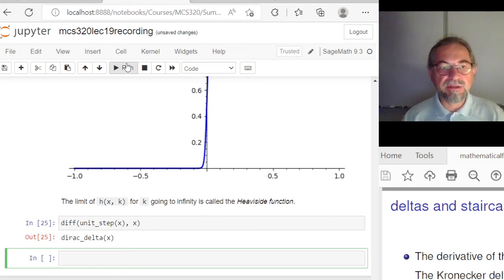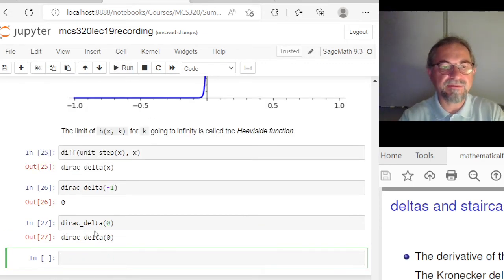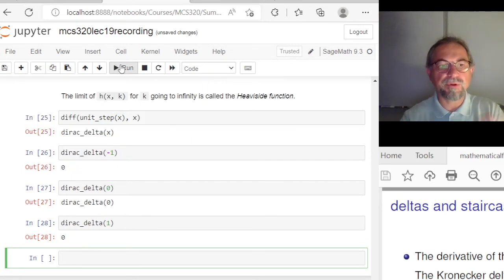So the Dirac delta function is actually a function that is everywhere 0, except that it has a spike at 0, but Sage does not really define this, so it's still left as a symbol. So if you plot it, it's kind of a flat function, but there is a spike in the middle.